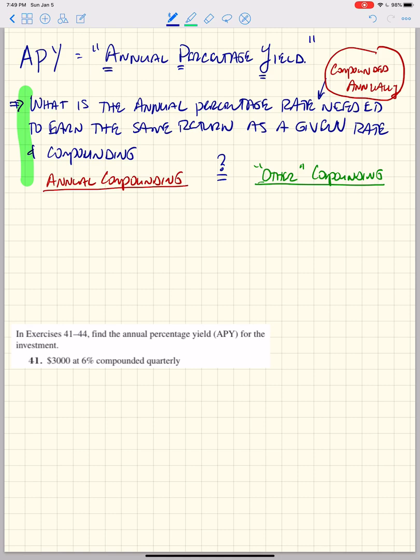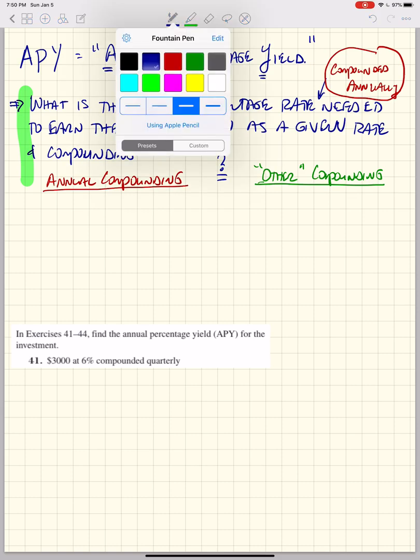Well, which is a better investment? The way we answer that is we calculate the APY for the two of them, and whichever one has the highest APY would be the better investment. And we don't have to worry about what the compounding is or what the rate is if we can just compare the single number APY.